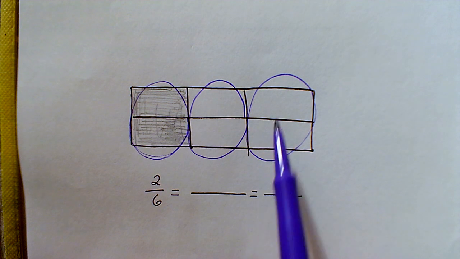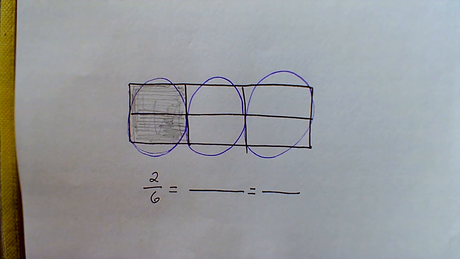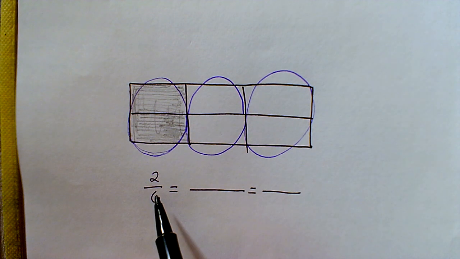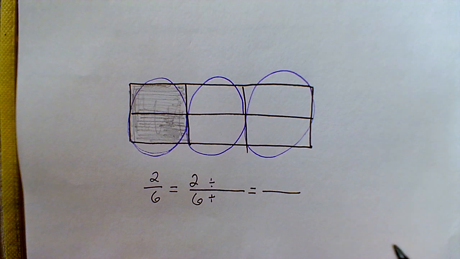We could just count the number of rows that were in each of our columns. So the way that we would have modeled that yesterday was, remember, we would have written our original fraction, 2/6, and then we would have shown what we were dividing by, which is the number of rows that we had.